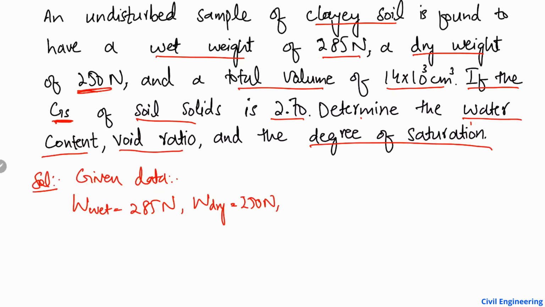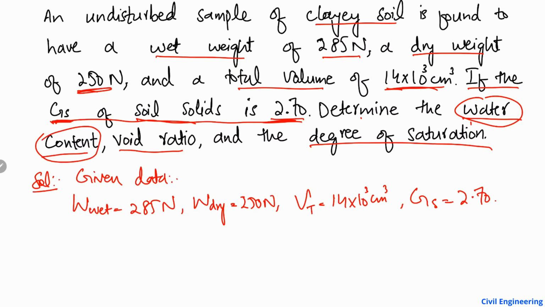The volume of the soil sample, Vt, is equal to 14 into 10 raised to power 3 cubic centimeter, and also Gs, the specific gravity of the soil sample, is 2.7. So we have to find out some unknown parameters. We are starting with the water content, which is the first unknown, so we are going first to find out the water content for this soil sample.